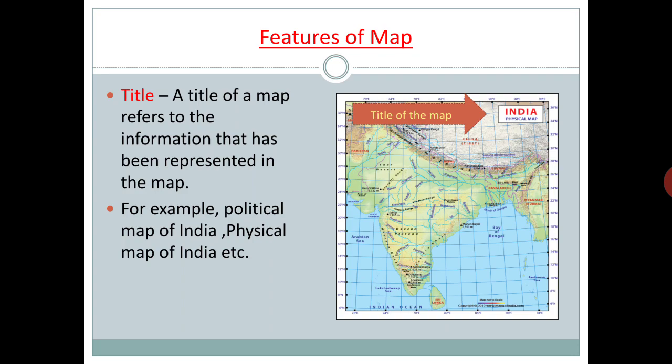You can see that India physical map. So it is the title of the map. The title of the map indicates what map it is or what information it is containing or what information it can give you.